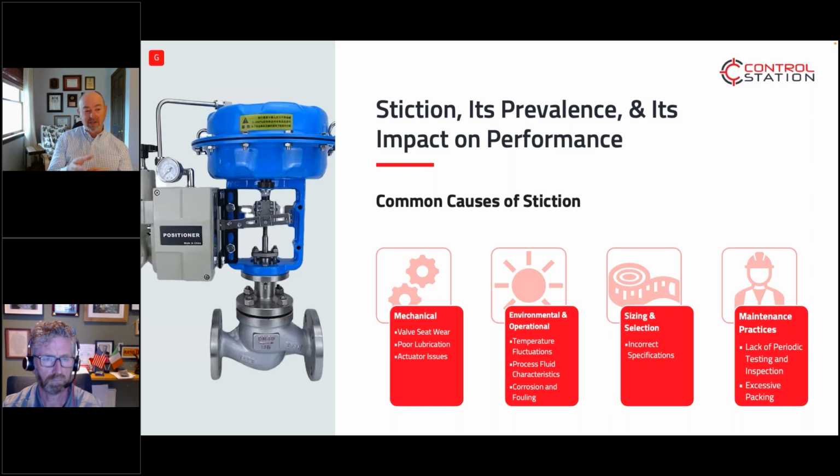Well, what that does is just makes it harder and harder for that valve stem to move because the packing is held so tight. You can have issues with the actuator itself. I'll get to that more in the sizing and selection piece, but the environment and operational conditions can also have a significant impact here, particularly the fluid going through the valve.